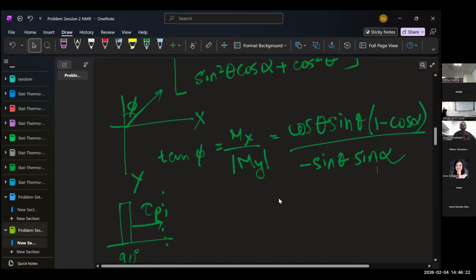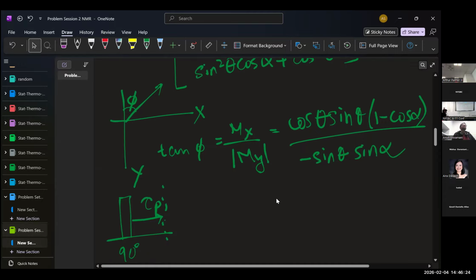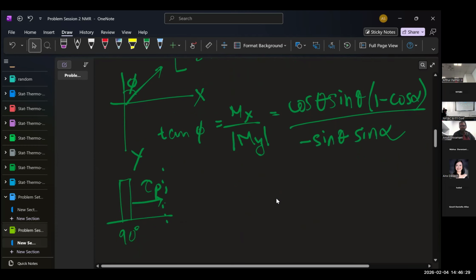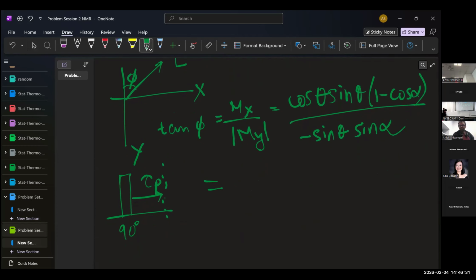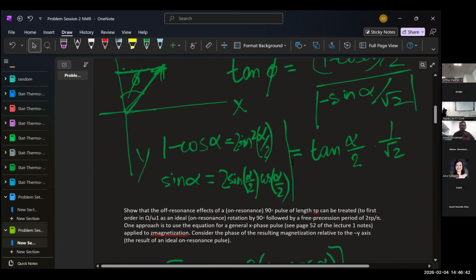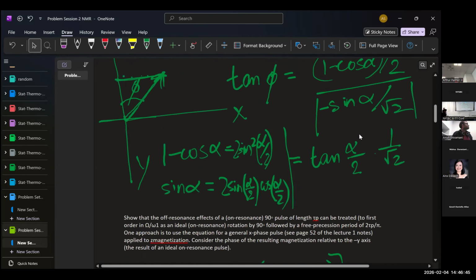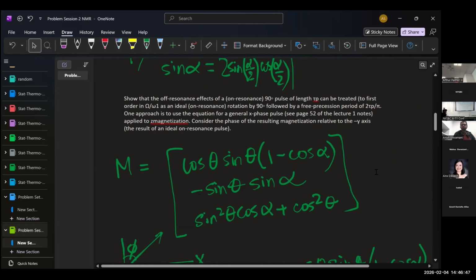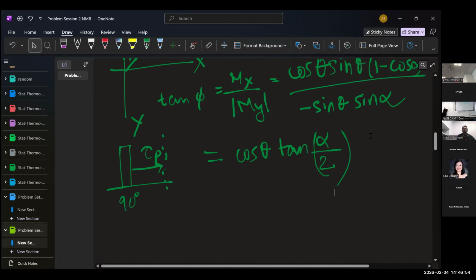One useful approximation that we can make here is to assume the flip angle is roughly 90. As we simplify this, it should give us something again related to what we saw here. We got an alpha over 2 on 1 over the square root of 2, and here again we get cos theta. You lost your absolute value sign.